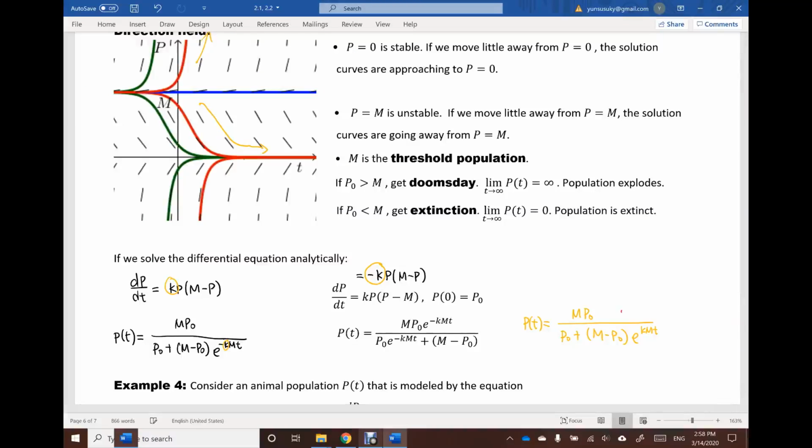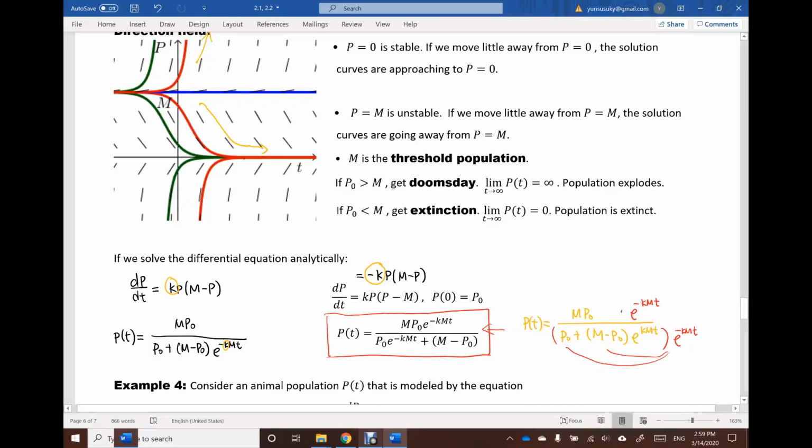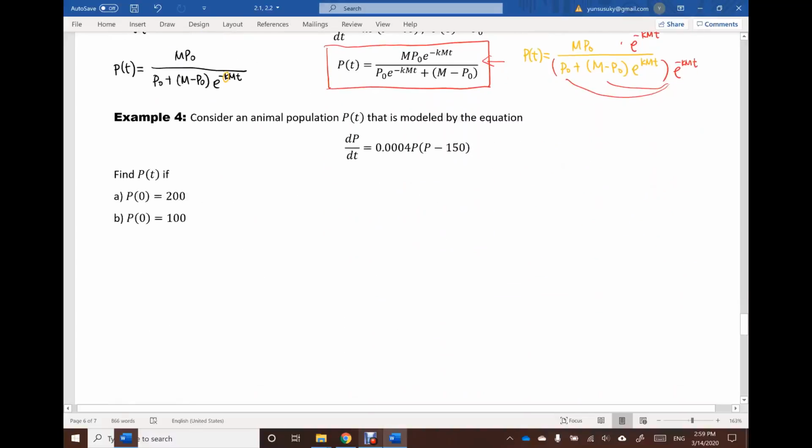If you multiply the top and the bottom by e to the minus kMt, you can see the numerator gives this, and the denominator, when you distribute it, gives the resulting expression. Now we have the formula for the threshold model. This formula will be provided in the exam. You don't need to derive it. You just need to know how to use it.